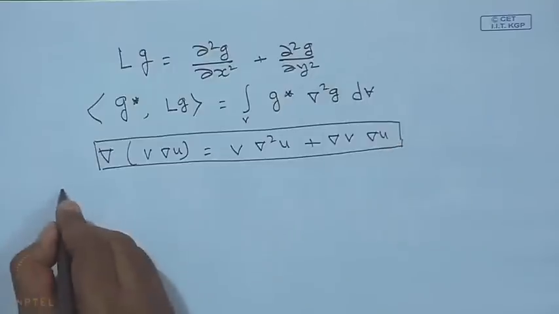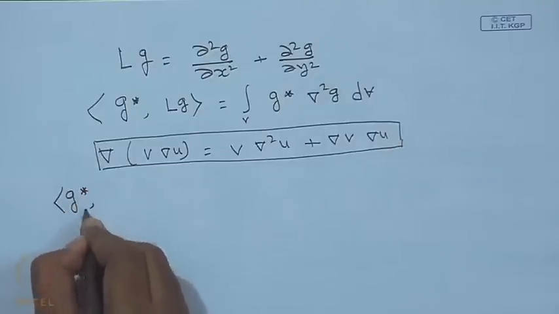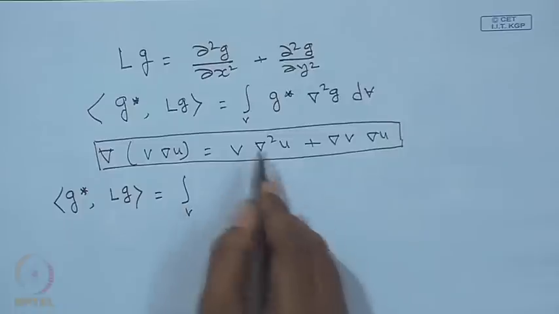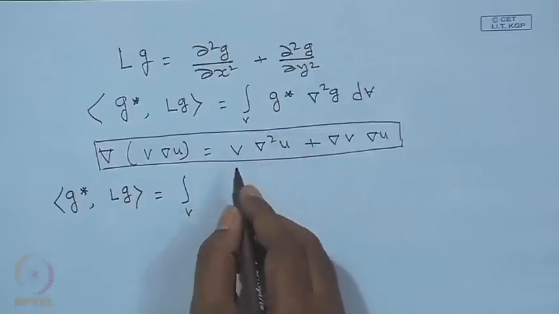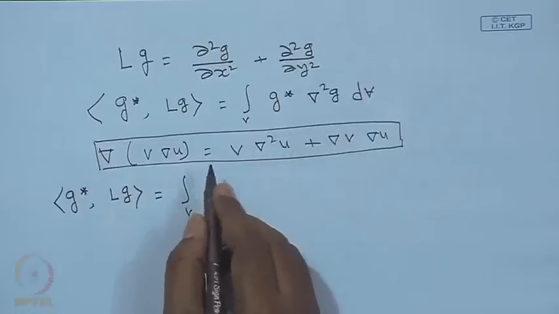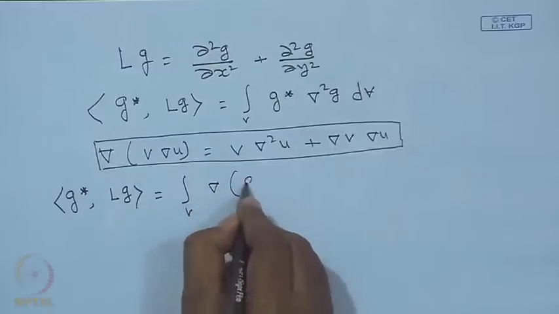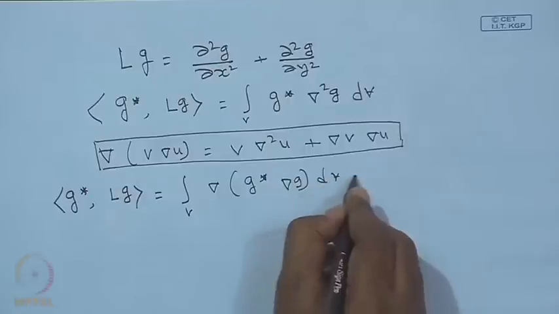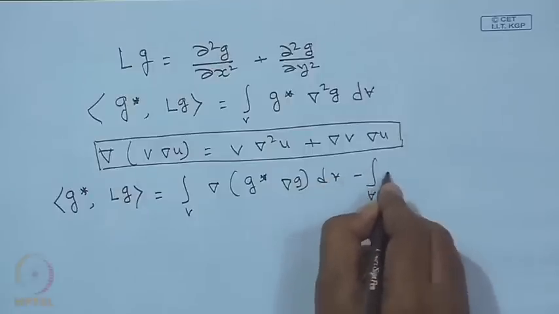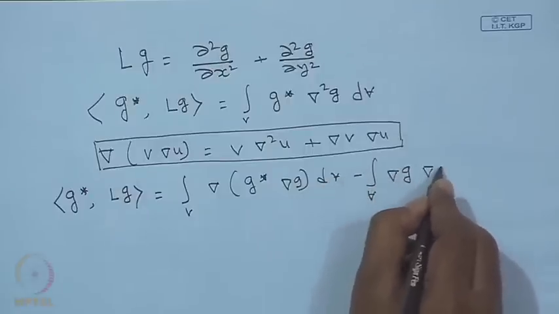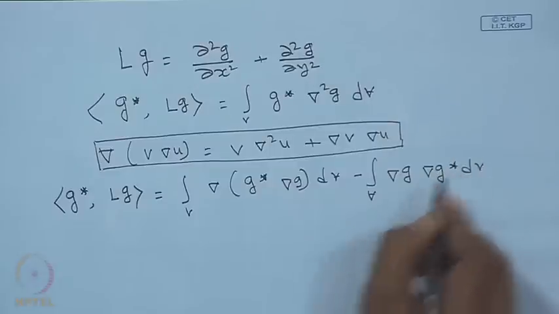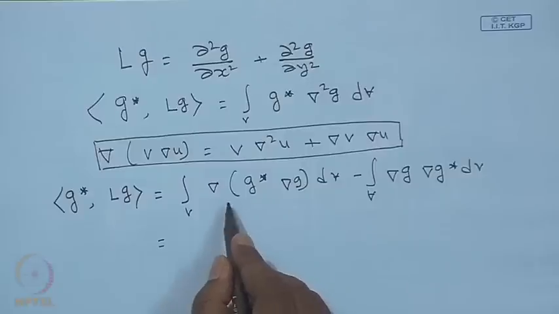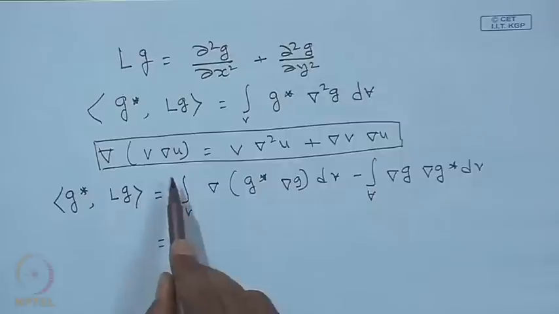Okay. So, we evaluate the inner product of g star, L g, which is equal to the volume integral of g grad square g star. We just put it as grad of (g star grad g) dv minus the volume integral of grad g star grad g dv.